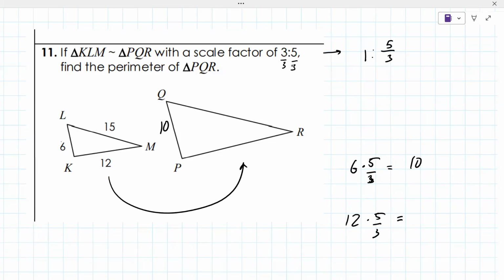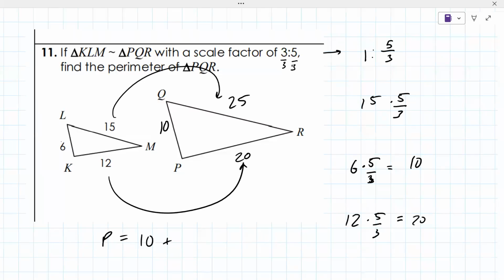What do you got for this? Yeah, 20. That is 20. And the last one is 15. So 15 times 5/3. That'd be 25.